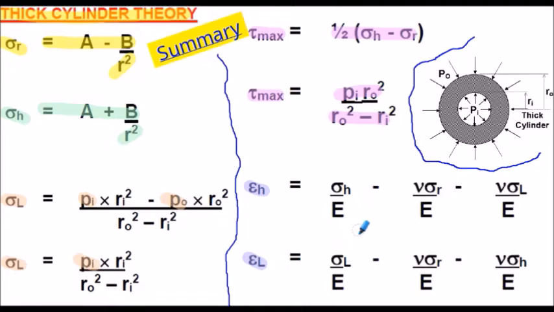Remember, we are considering a triaxial stress situation when we're analysing thick-walled pressure vessels. If we want to find the actual change in diameter, then of course it will be the hoop strain multiplied by the original diameter. And if we want to find the actual change in length, then it will be the longitudinal strain multiplied by the original length.